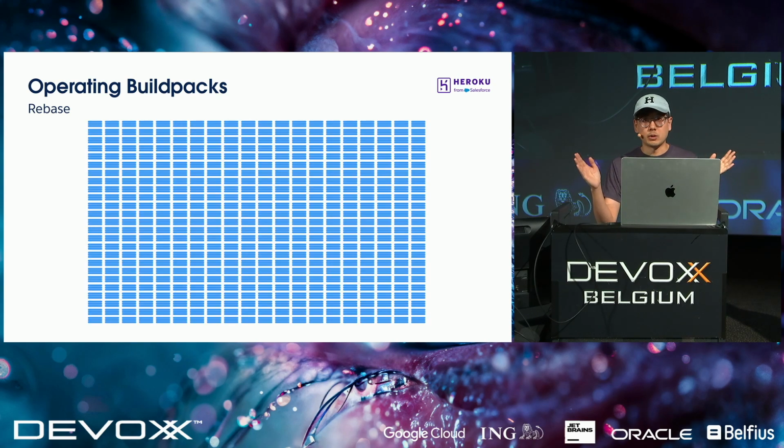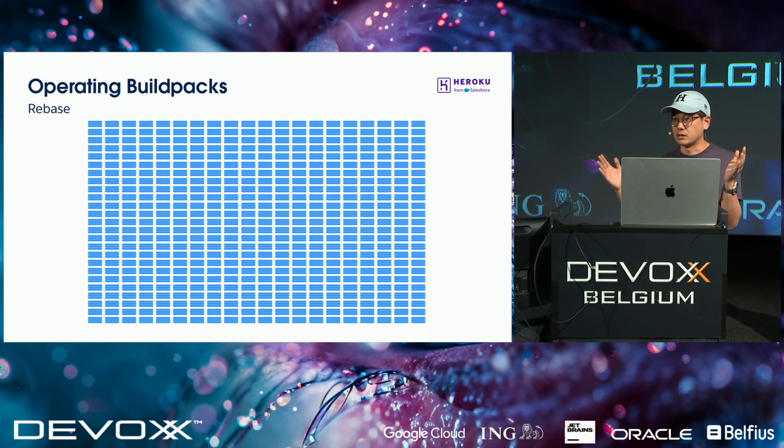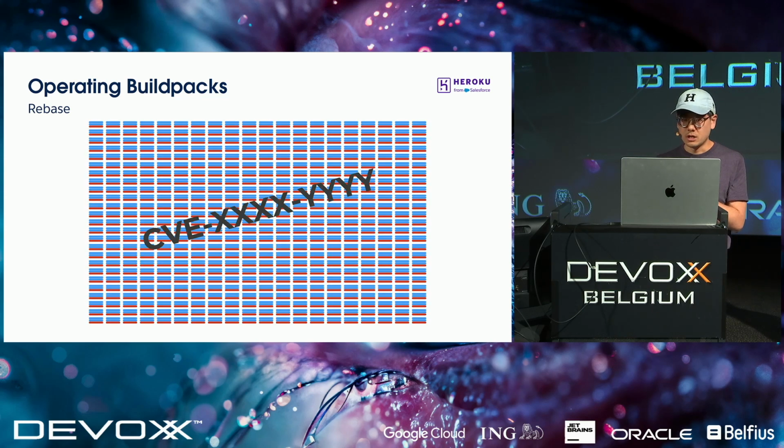In the demo, we were showing a single app, but Manuel alluded to what this looks like in a real organization where you probably are managing not a single app, but hundreds or thousands of applications. What do you do when that CVE comes and hits your company and you have to deal with it, right? With a Dockerfile, of course, that's the first line in your Dockerfile, so you're losing all that cache.